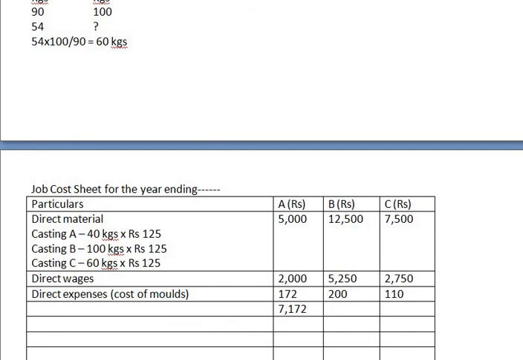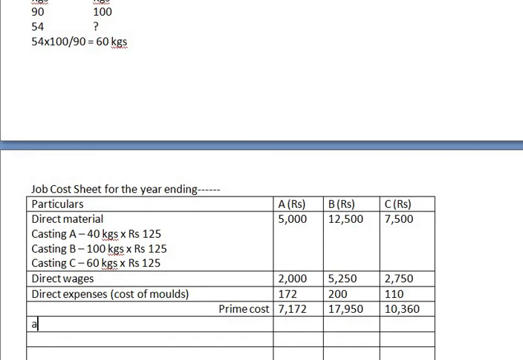For B 17,950, and for C 10,360. Okay, now what is this called? This is nothing but prime cost.